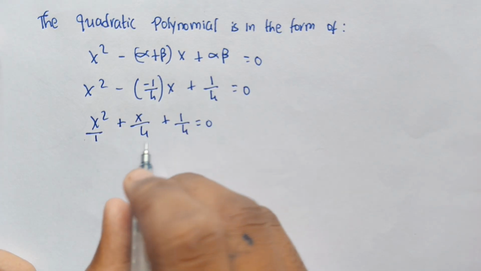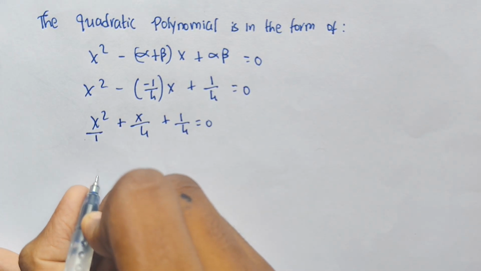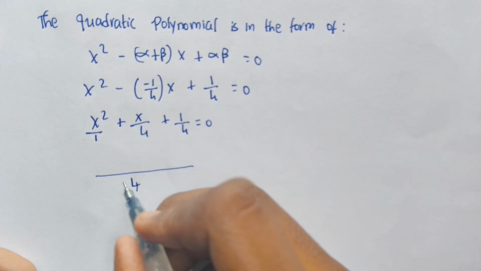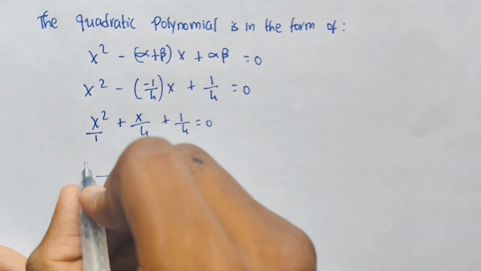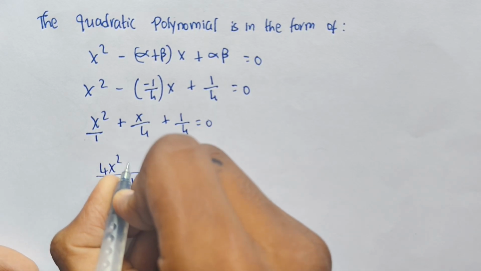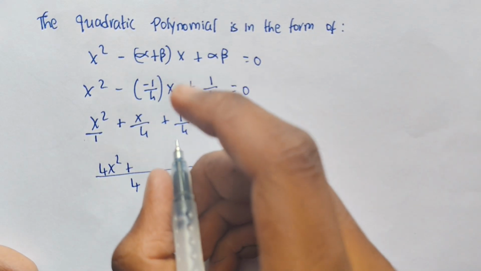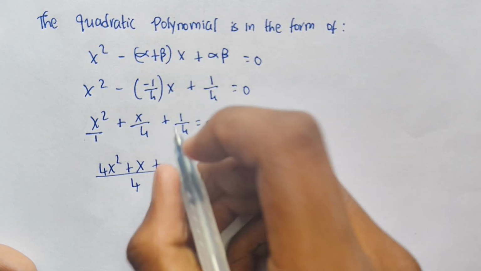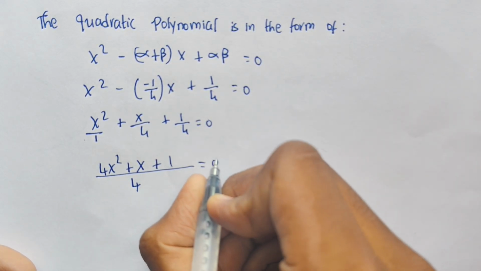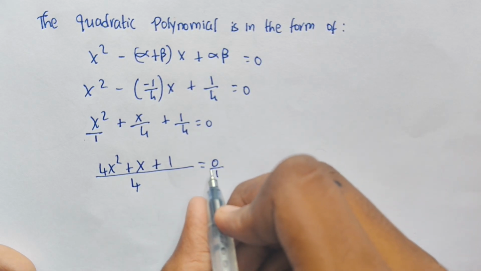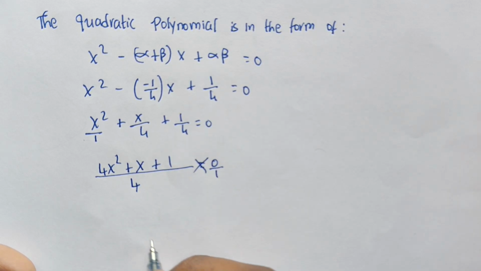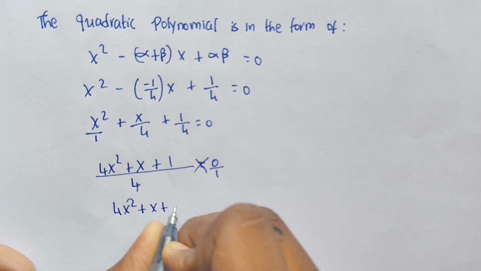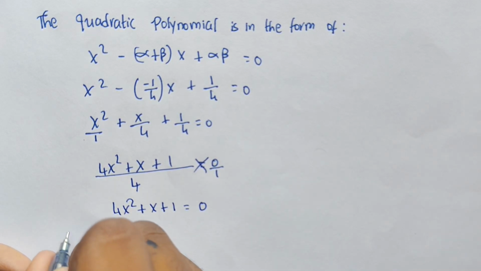The LCM of 1, 4, 4 is 4. 1 in 4, 4 times, so 4x square, plus 4 in 4, 1 time, so 1 into x, plus 4 in 4, 1 time, so 1 into 1, equals to 0. Taking 1 by 1 for 0, now do cross multiplication. 4x square plus x plus 1 equals to 0.